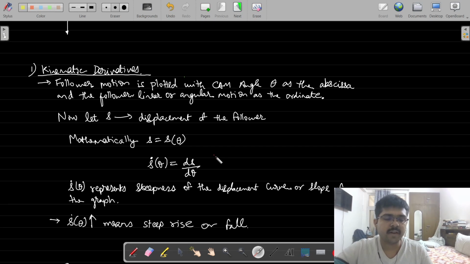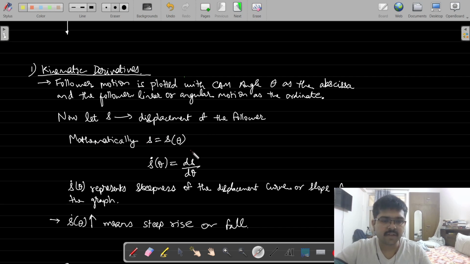Now, the kinematic derivative. Follower motion is plotted with cam angle theta as the abscissa and the follower linear or angular motion as the ordinate. Let S equal the displacement of the follower.